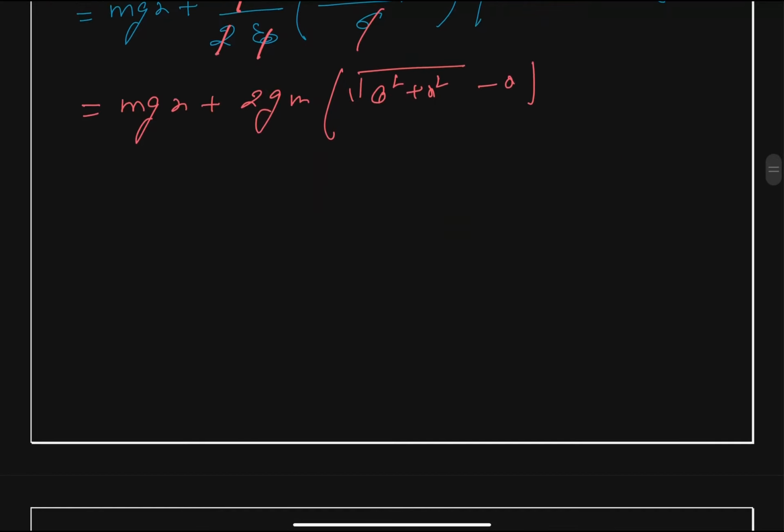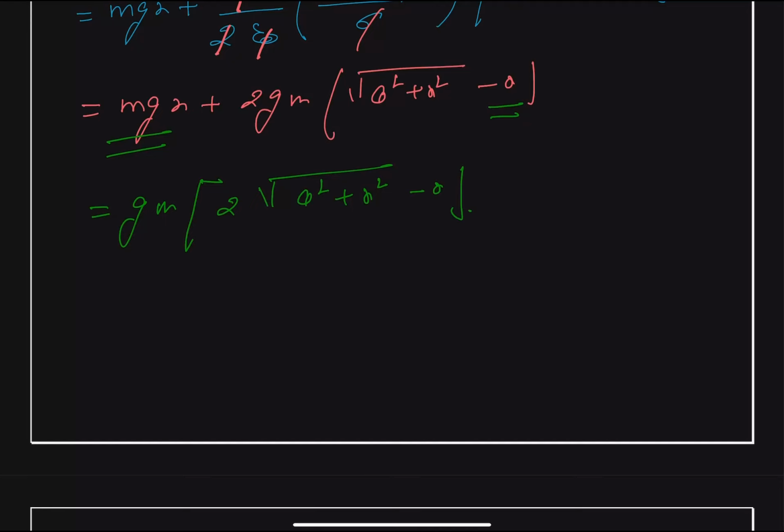We just multiply inside, we get this as mgx and this will be coming as minus 2mgx, and we can take gm as common, so this comes as gm times 2 square root of a square plus x square minus x.